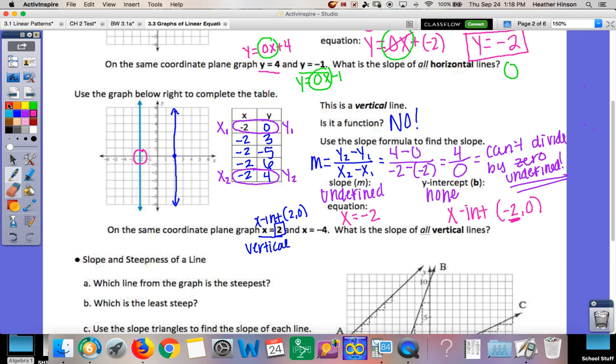Same thing for x equals -4. It's going to have an x-intercept, -4, 0. So we go over to -4, and we draw our vertical line.